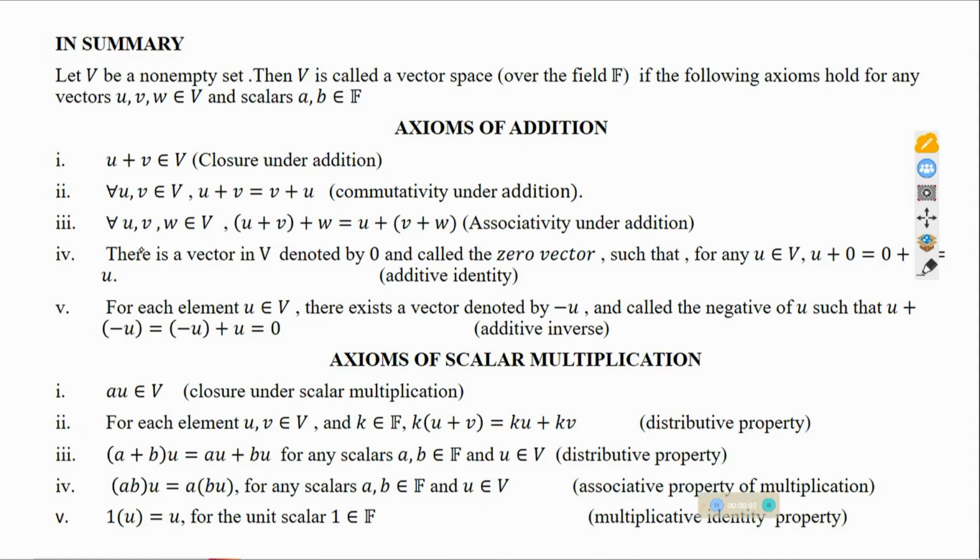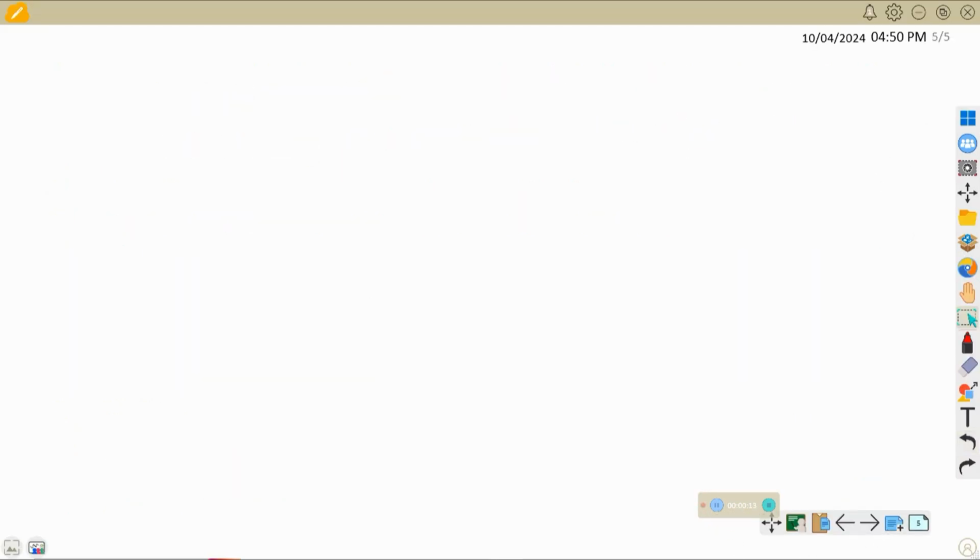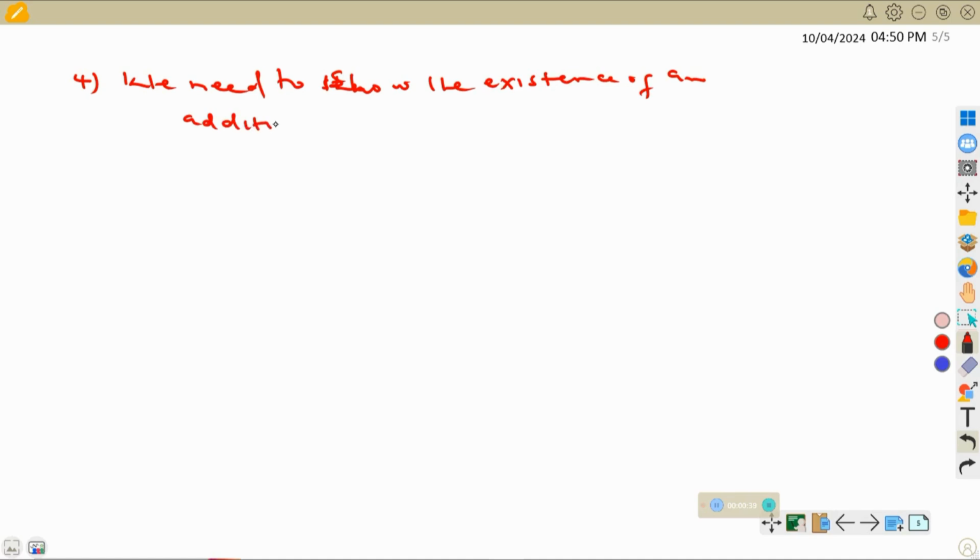Let us now talk about 4, which is about additive identity. So number 4, we need to show the existence of an additive identity.